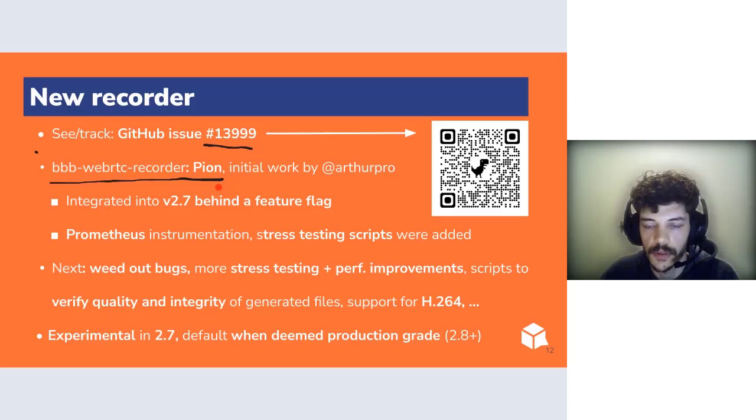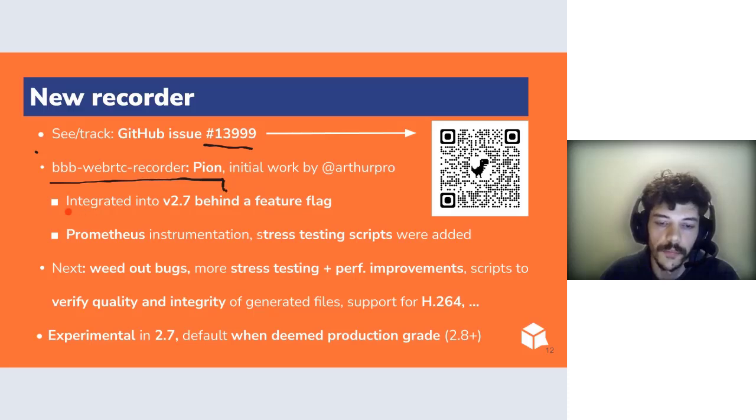We've started implementing a new recorder. It's actually a new service, called WebRTC Recorder, that uses Pion as its basis. Pion is an excellent WebRTC library implemented in Go, which is perfect for this sole reason. The initial work was done by Artur Poroshenko, so kudos to him on that.